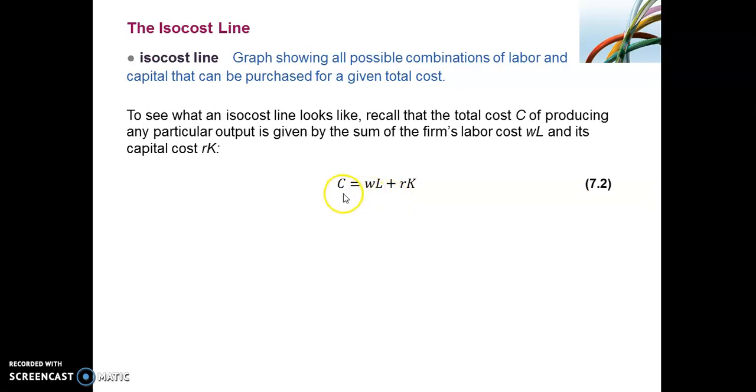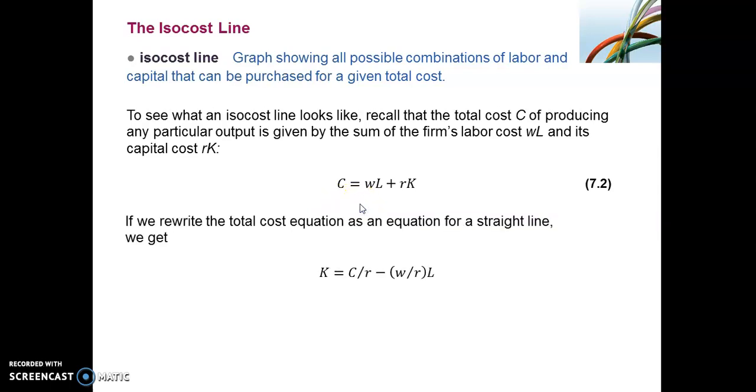C gives you the total cost of producing some output, and it is given by WL, the wage rate times L, how many units of labor, and that represents the labor cost, plus RK, R is the rental rate, which we just spoke about, times how many units of capital is being employed, and that gives you the capital cost. So your labor cost plus your capital cost would yield your total cost of producing any particular output.